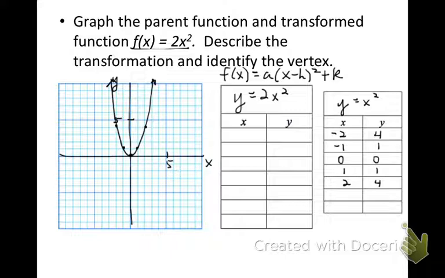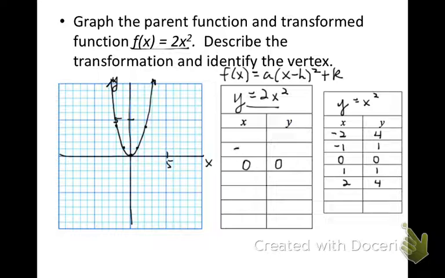So I'm looking for my h and k values in this function here, and I notice that nothing is being added or subtracted to the x or added or subtracted at the end. So that means my h value is 0 and my k value is 0. So the vertex is 0, 0, and I'm going to put it in the middle of my table.